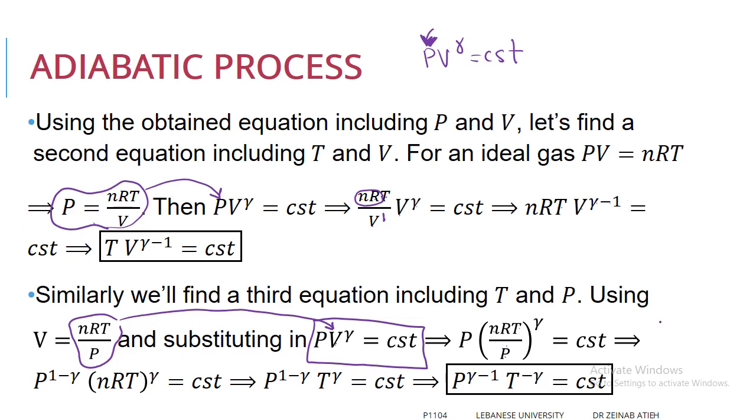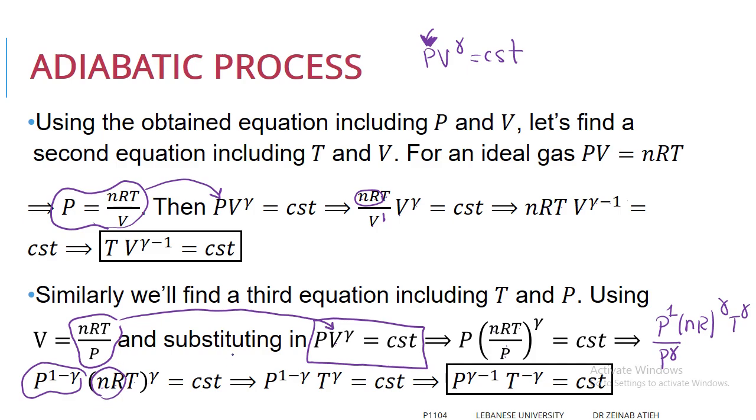So this will give me P for sure times nR to the power gamma, T to the power gamma over P to the power gamma. Remember that this P is to the power 1. So you will get P to the power 1, and P to the power gamma down, so you will get P to the power 1 minus gamma. nR to the power gamma is for sure constant, so I will get rid of it.